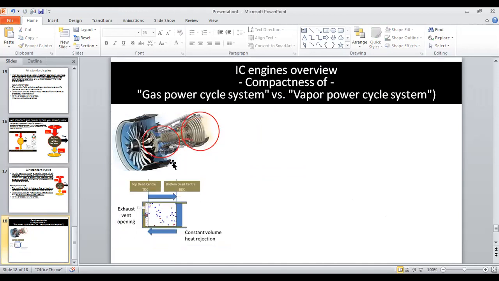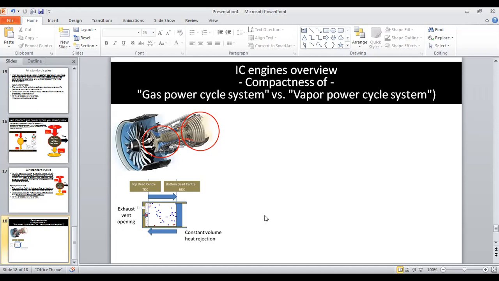That's why in the aircraft you can carry it. In the vehicle you can have this. So that's why the gas power cycle systems are compact. That is the advantage of this. You can make it lighter, and you can balance it with the application.